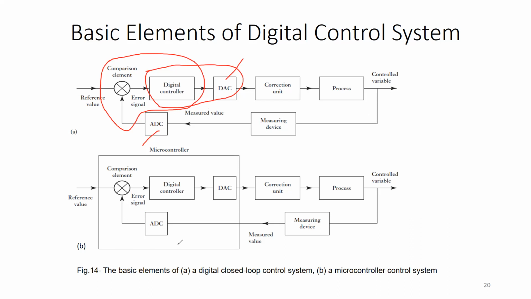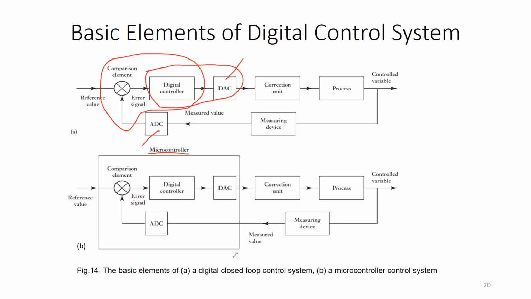So that is why these are basically part of the microcontroller. So what is an integrated part of your microcontroller? An ADC, that is analog to digital converter. So the measuring device gives the value in analog form, which gets converted to digital form and fed to the comparison element first, then to the digital controller, and then that digital controller gives the signal in digital form, which is then again converted to analog form by the DAC.